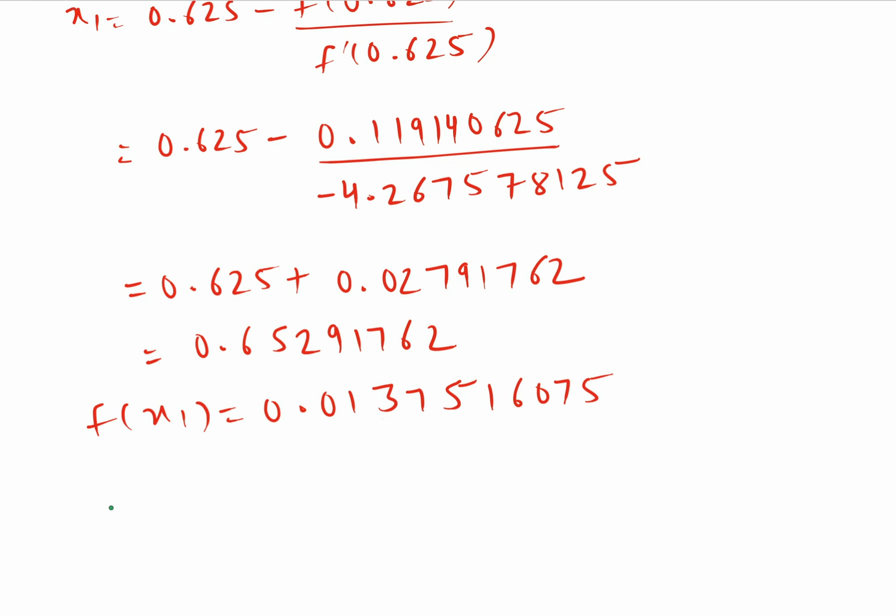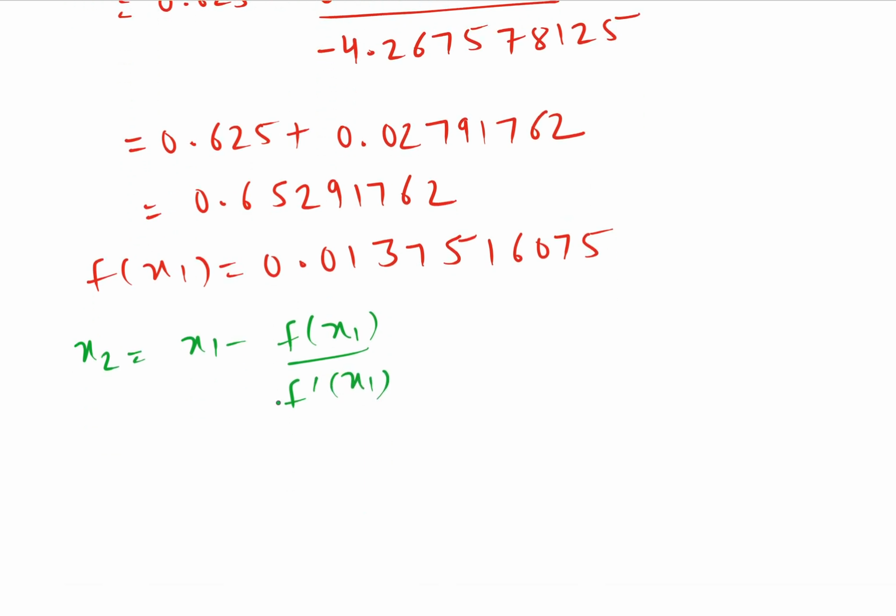So now I am going to find the second approximation of the root. That would be my x2. x2 would be x1 minus f(x1) upon f dash (x1).